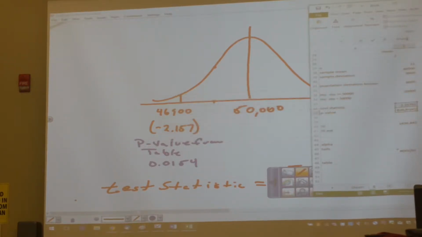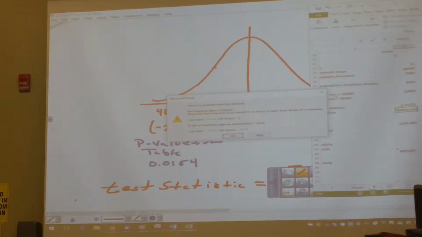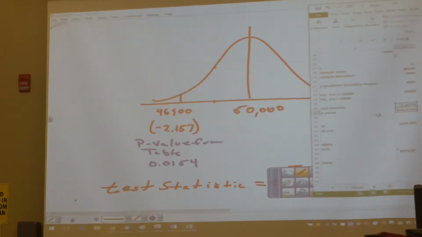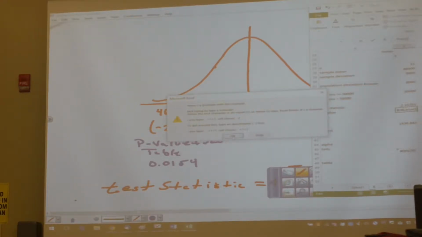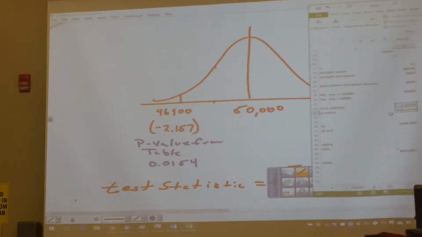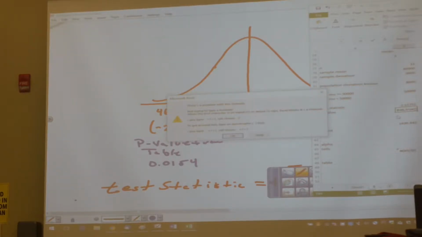If you find the p-value. Go away. I know what I did and I can't fix it without you going away. Oh, I got it right. I'm glad you got it right because I made a typo here and it won't let me fix it.